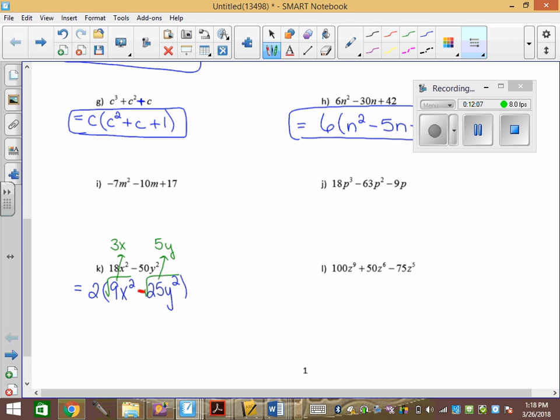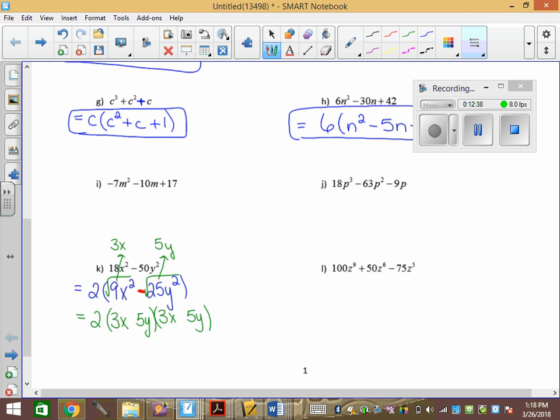Okay? So the 2 carries down, and this splits into 2 factors. The 9x squared minus 25y squared splits into 2 factors. Nine x squared, the square root of it is 3x. It goes to the front of both brackets. And then we have a 5y, and that's going to go at the back of both brackets.